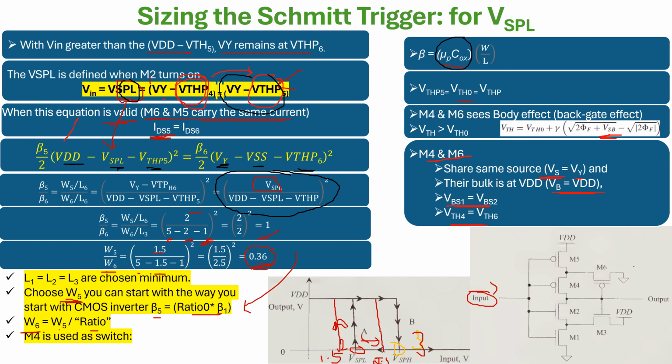The actual strengths are not decided by it. M5 and M6 fight for deciding the strength of the switching points. The thumb rule is to choose W4 such that beta 4 is greater than or equal to beta 5, or sometimes beta 6, whichever is bigger. This is how we are able to find the W and L of all 6 devices of the Schmitt trigger.